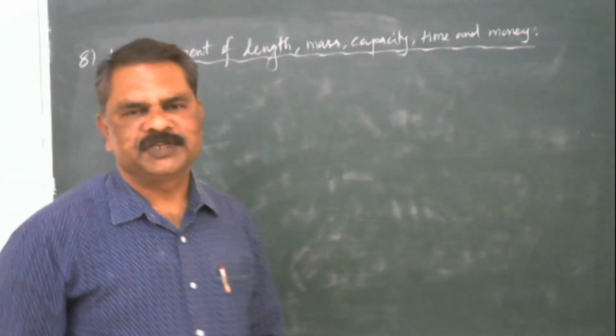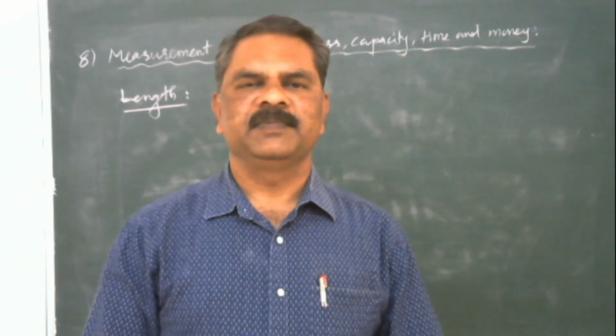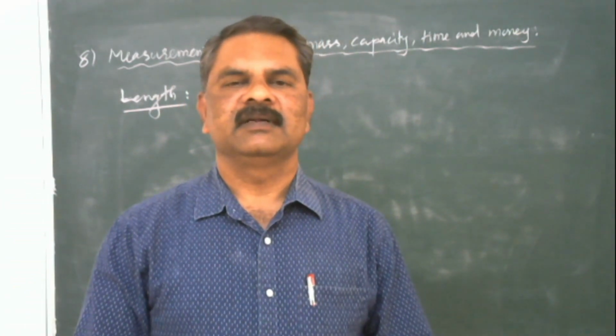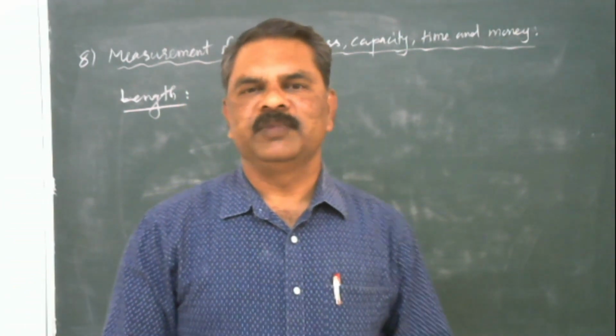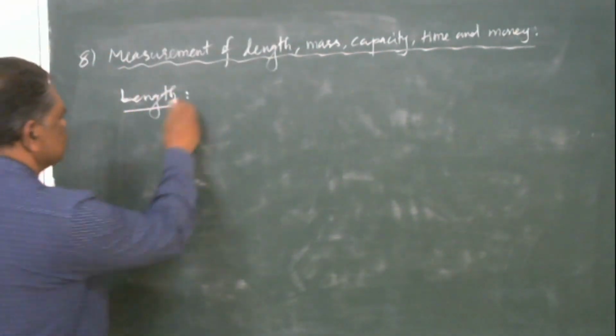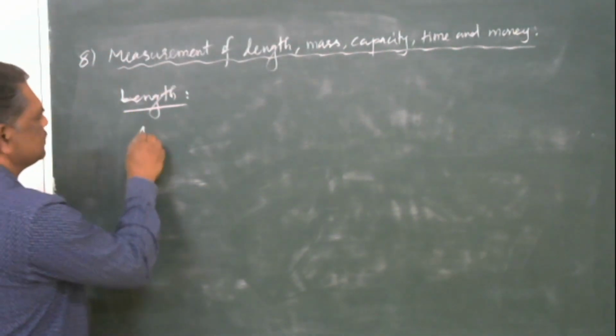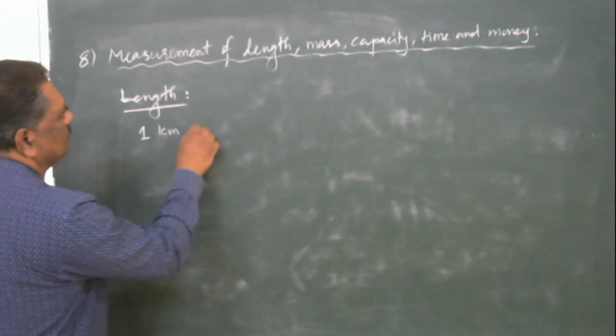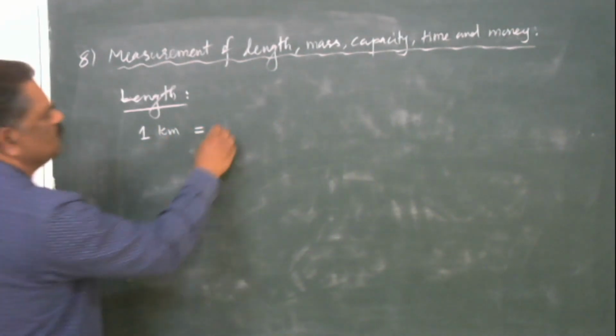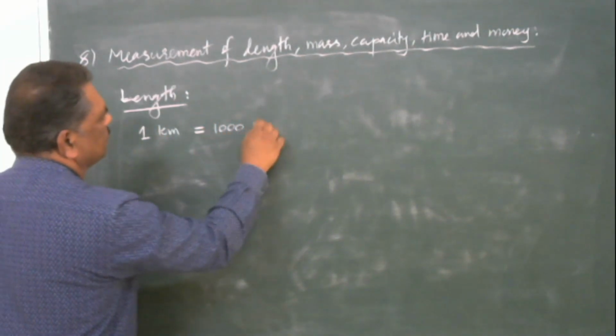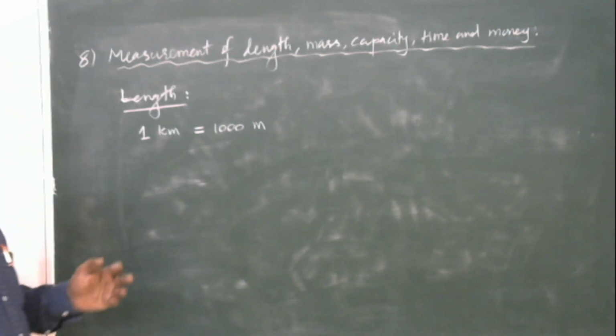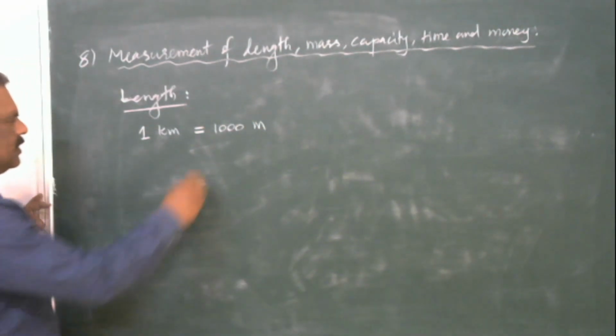Length related units. Generally we use centimeter, millimeter, meter and kilometer. The larger unit, let me write first. 1 kilometer is equal to 1000 meters. This is how they devised these units.